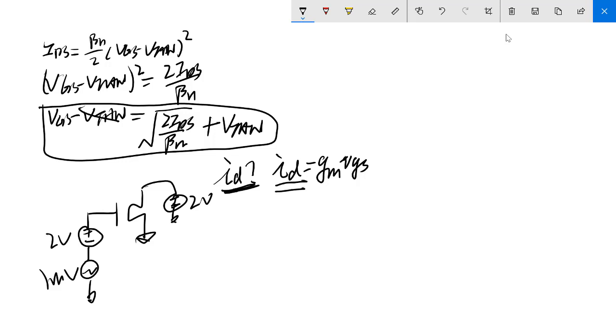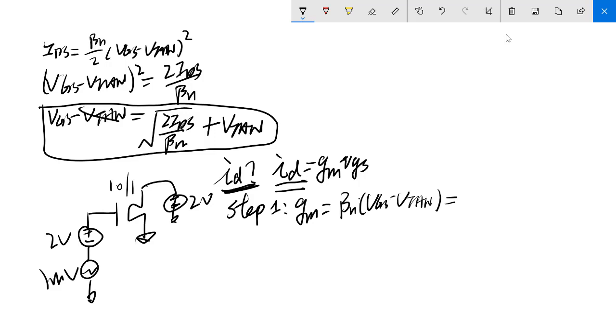So the steps. Let's look at step 1, which is you need to know gm equals what? Beta n times (VGS minus VTHN). For example, this is 10 to 1 for width and length. What is beta n?